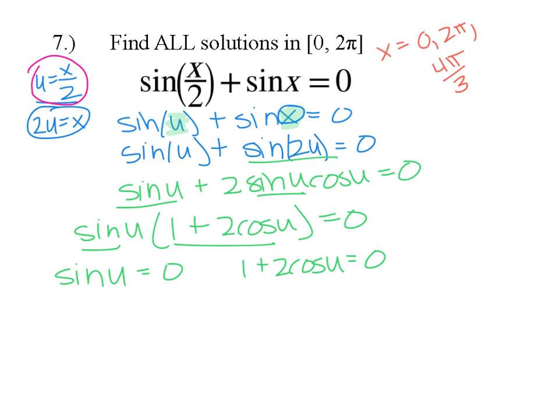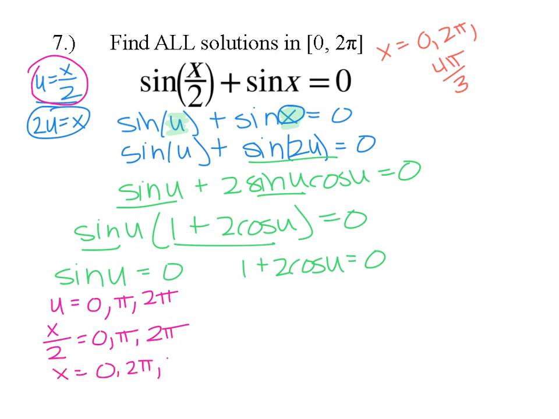So here, when we get sine of u equals 0, that means u is going to equal 0, pi, and 2 pi. So that means x over 2 is equal to 0, pi, and 2 pi. So if we multiply everything by 2, that means we get x equals 0, 2 pi, and 4 pi. Now the thing to remember here is we're only looking in 0 to 2 pi, so we can leave off this extraneous 4 pi.